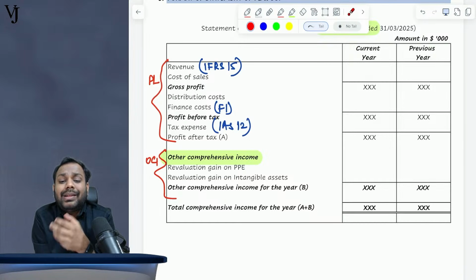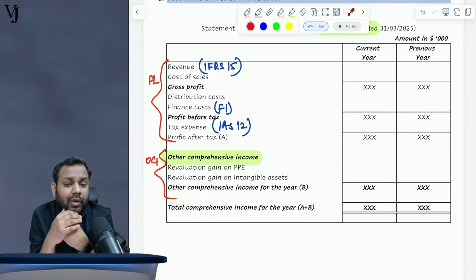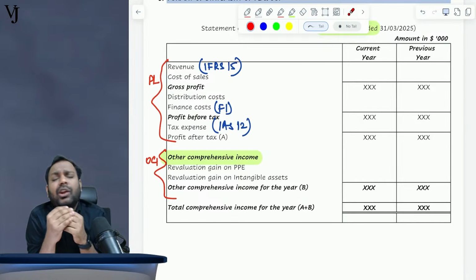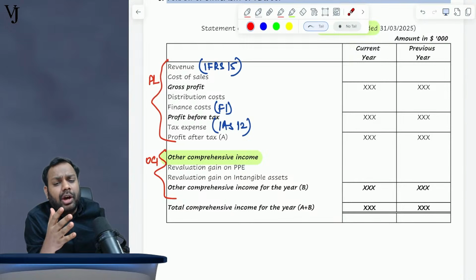But there are certain gains or losses which are unrealized, and we are not sure when exactly we are going to realize them.